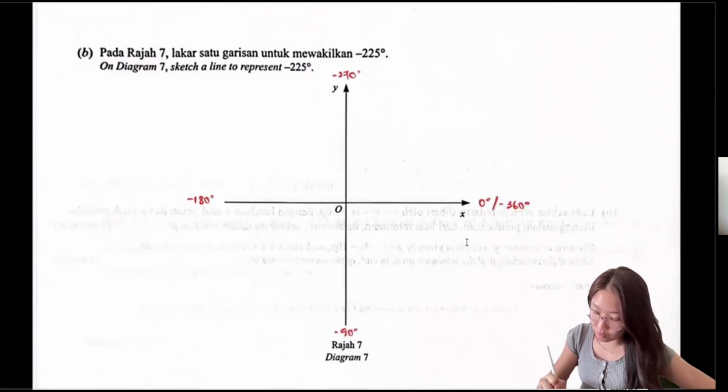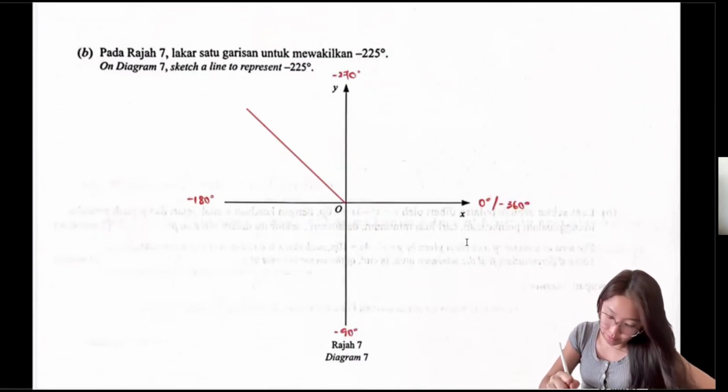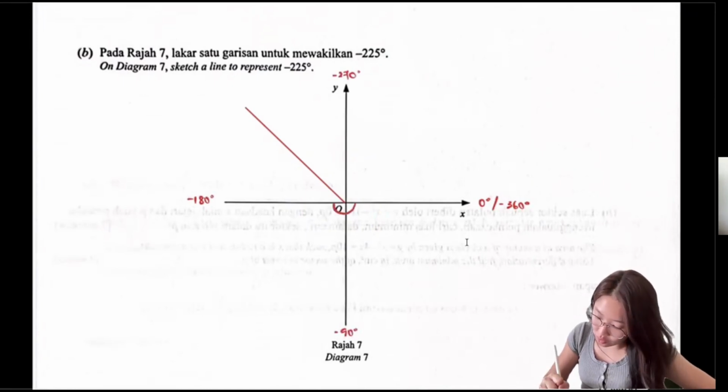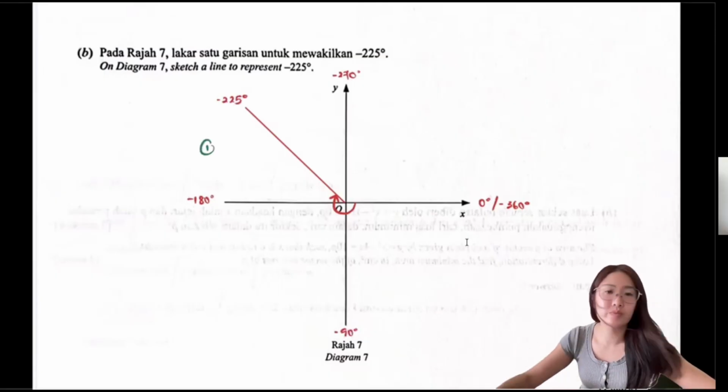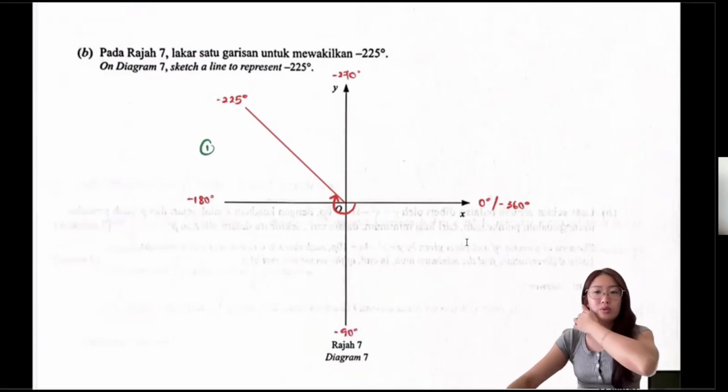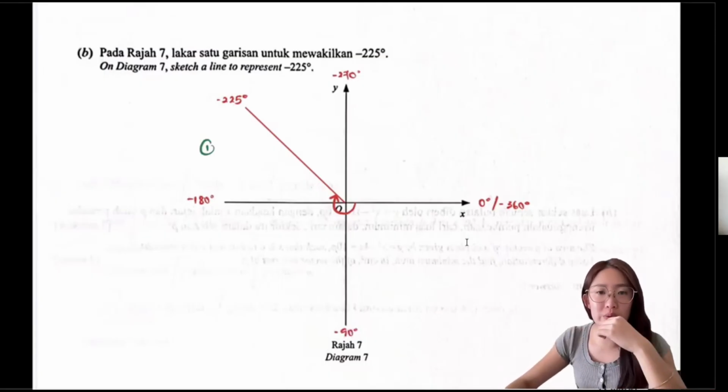Negative 225, 225 is somewhere here. Just estimate is fine. Then turn here, draw the arrow. Then write this is negative 225 degrees. 1 mark. That's it. They want you to sketch only, just estimate. No need to use your protractor.